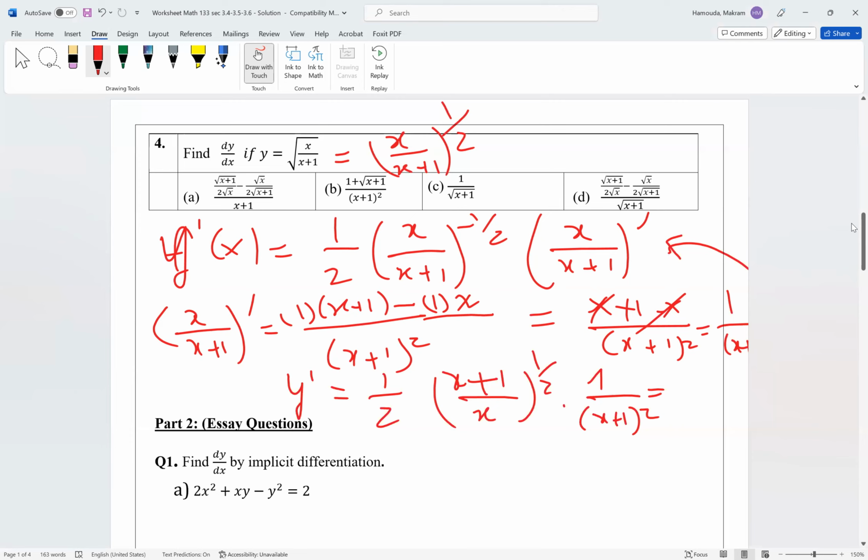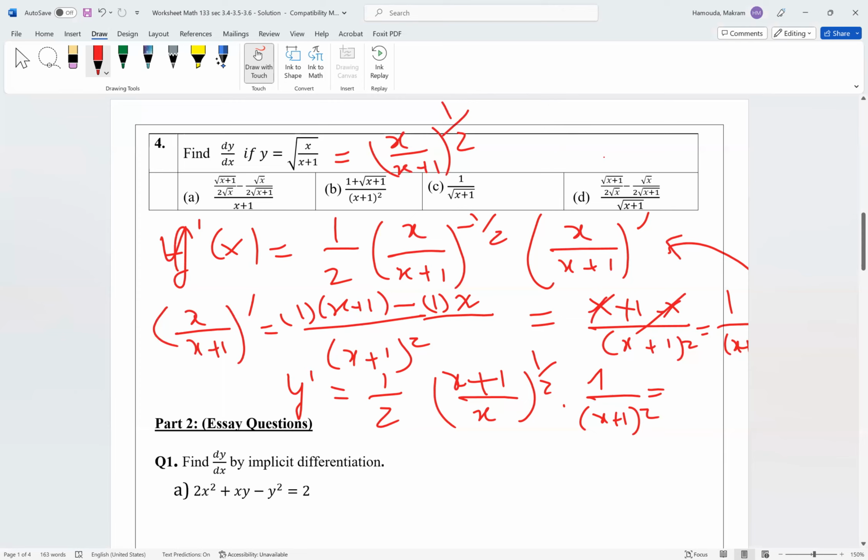So here I will find that it is 1 over 2 times the root of x, times x plus 1. So it seems we applied a different approach. That's why we couldn't find it directly, but the right answer is here. You just make some computation and that's it, you will find the result.